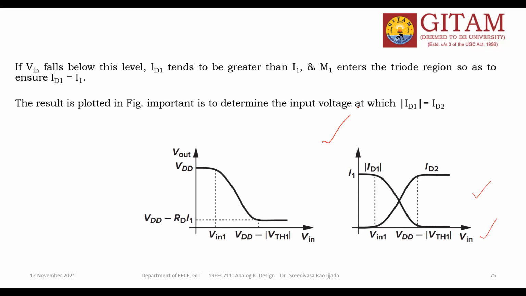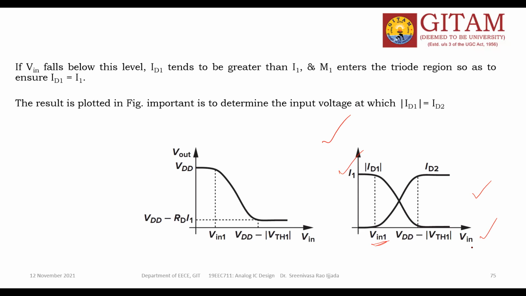Suppose the input voltage is below the Vn voltage. Because the PMOS is on, you will get I1, because the PMOS is in saturation.